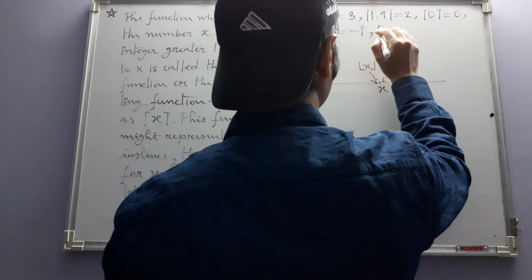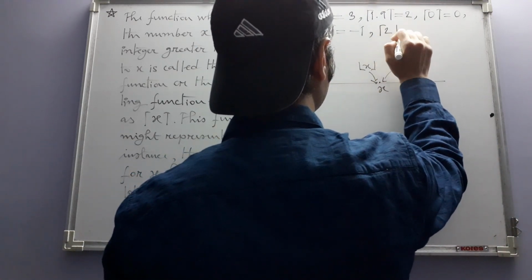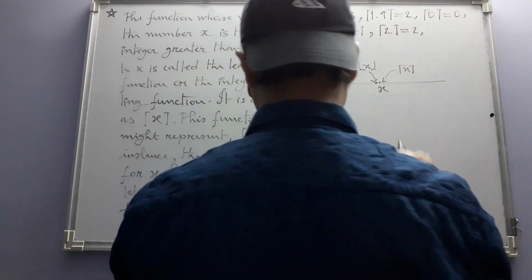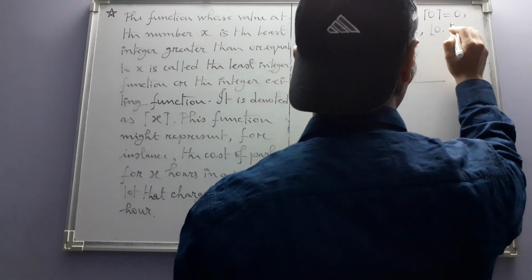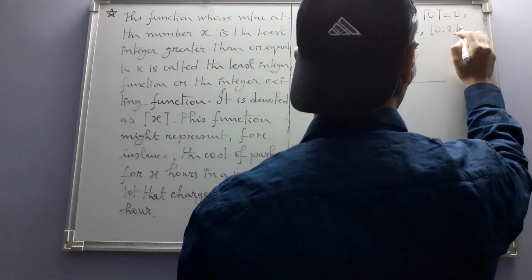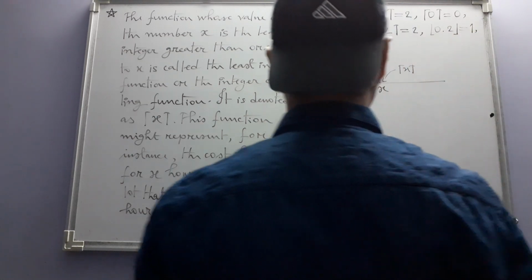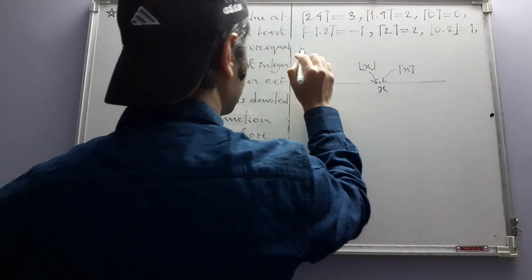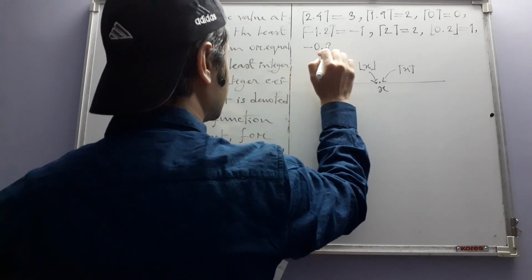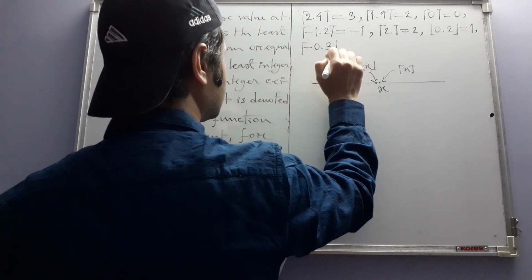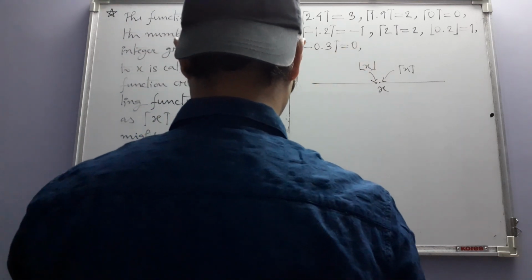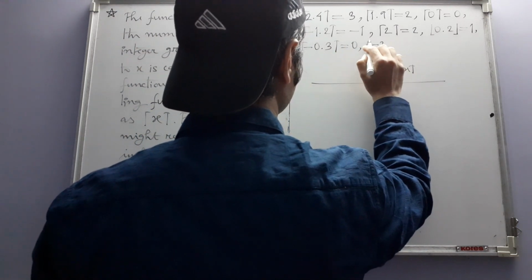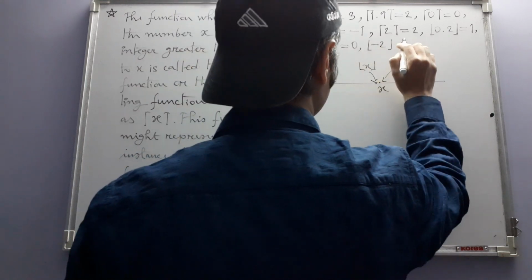Then this is equal to 2, 0.2, this is 1, minus 0.3, this is 0, and minus 2 of course is minus 2.